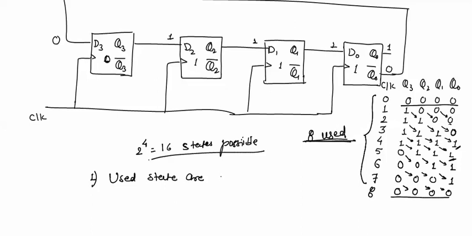If there are n flip-flops, the used states will be 2n, and the number of unused states are 2 raised to power n minus 2n. So this was all about the twisted ring counter, Johnson's counter.